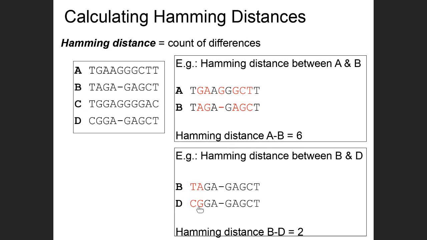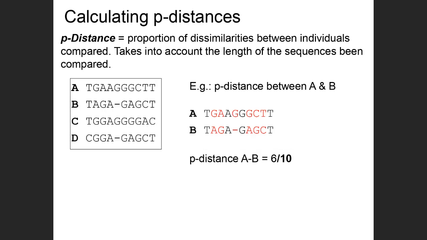But you need to learn Hamming distance to see, okay, how am I going to count the p distance? Okay, the p distance takes into account how long this string is. So here's the p distance between A and B. And so that would be, okay, there's 1, 2, 3, 4, 5, 6. So that's the Hamming distance. But then I count the length of the sequence.